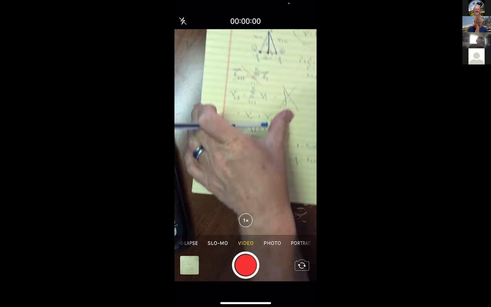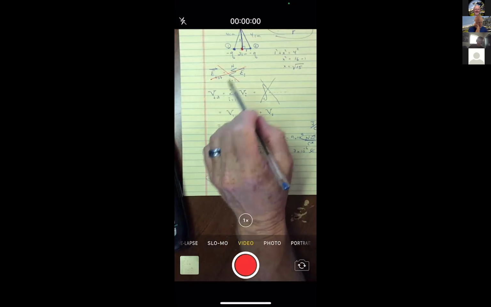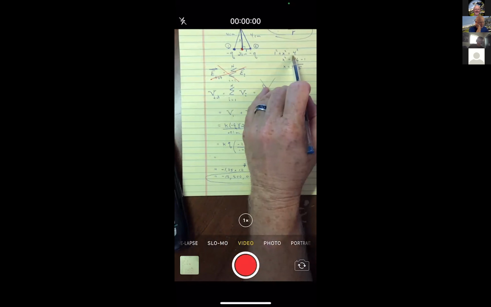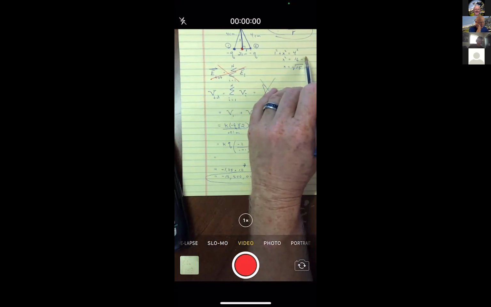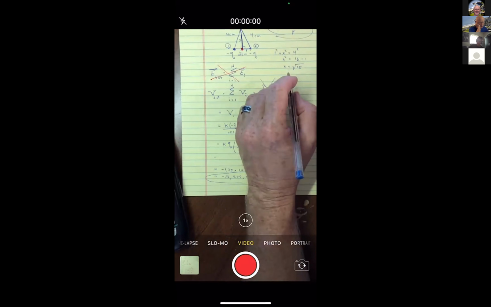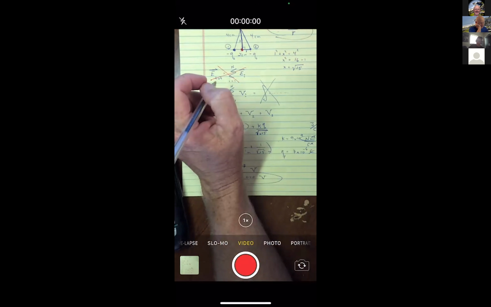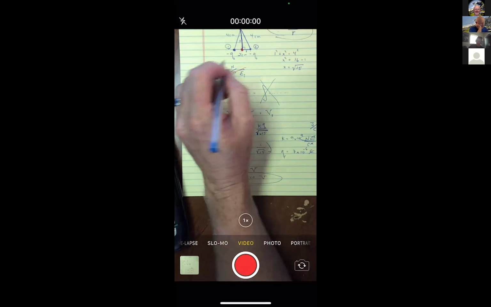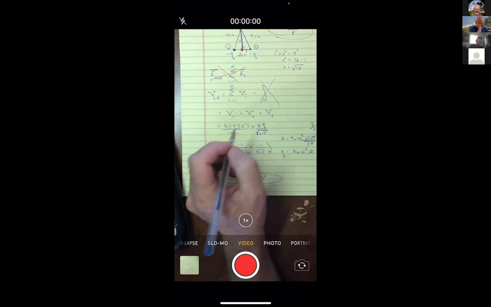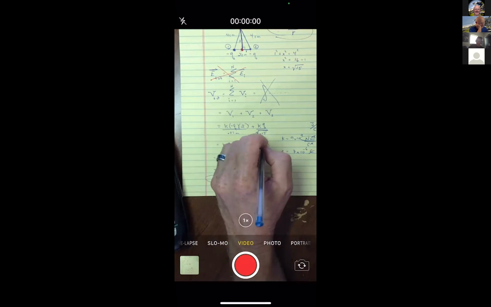4 centimeters minus 1 centimeter is the square root. Oh, because it's squared. Okay. My bad.